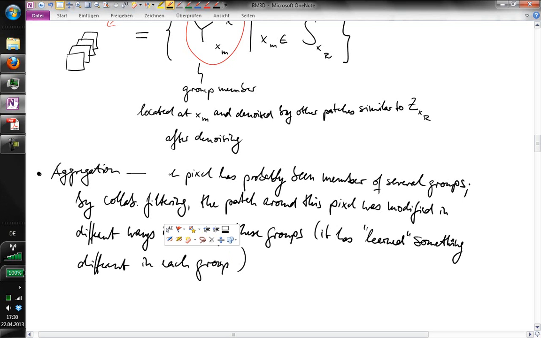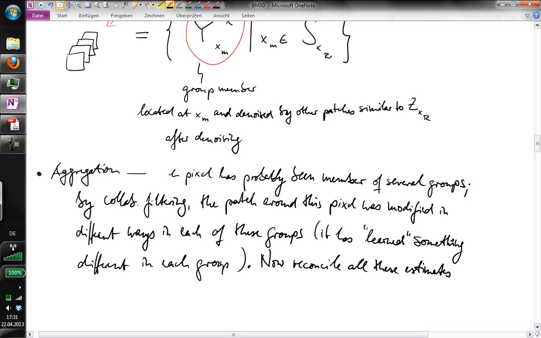And now we want to bring all of these estimates together. So now we want to reconcile all these estimates.